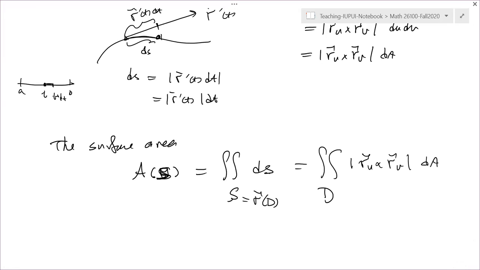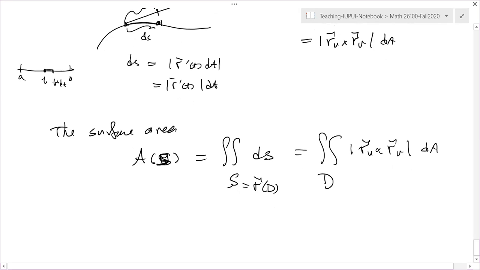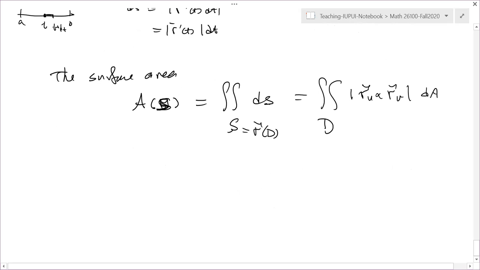You cannot evaluate the double integral over the surface directly, but you can translate it to the double integral over the domain. So that is our formula.